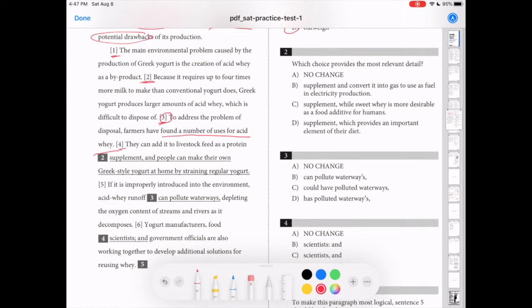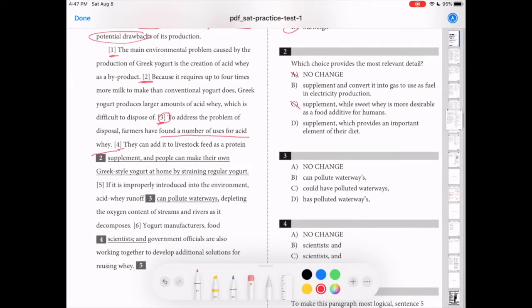Choice A talks about people, which is wrong because we know this subject is about farmers. Choice B, gas, this could possibly be an answer because it's not talking about just normal people. Choice C talks about humans again. Nope, we don't want that. So we can go ahead and mark these 2 answers off.